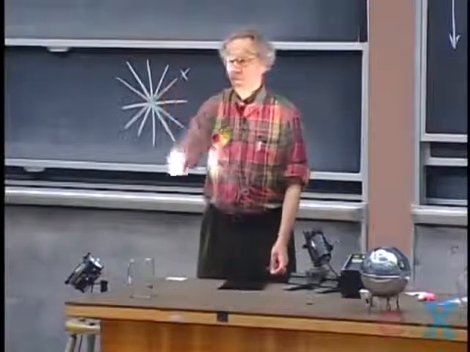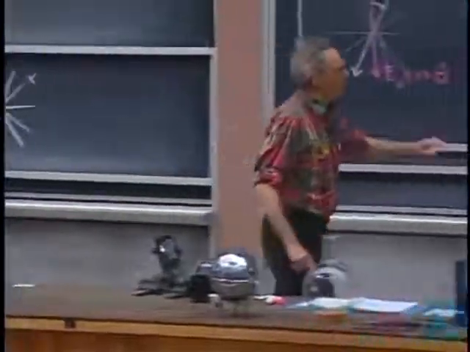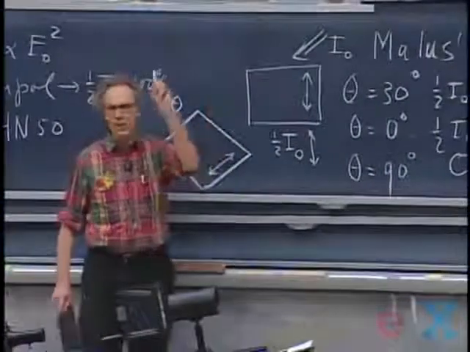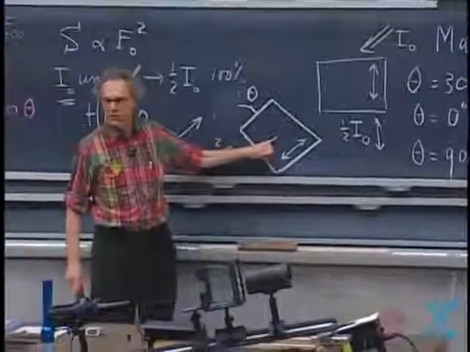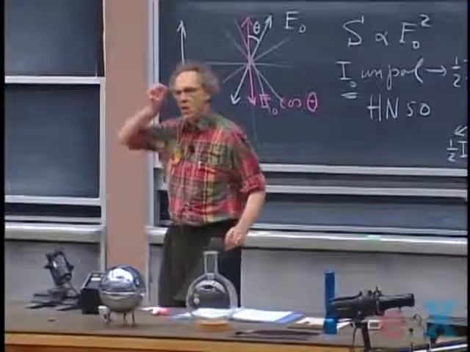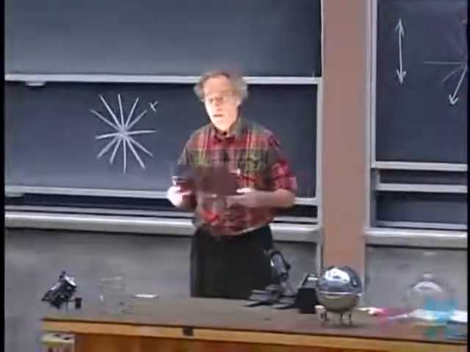So the light that comes to you now is unpolarized. I'm now going to hold in front of my face this polarizer. So the light that comes through is linearly polarized in this direction. And you are going to play the role of the second polarizer. Close one eye, put the polarizer in front of your eye, and rotate it. And you will see a huge difference in light intensity.